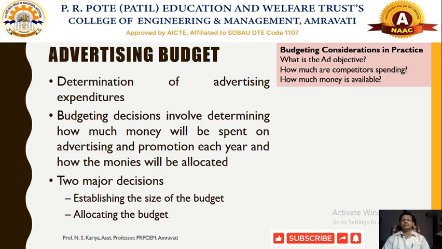What form of objectives are we going to satisfy? How much are the competitors spending, how much are they allocating in their budget so that they can concentrate on advertising effectively? Taking that into account, what is the competitors' strategy on advertisement? Here we try to understand how much money would be available within the company. Budgeting is an activity where we require some expenses and need to manage those expenses very well.